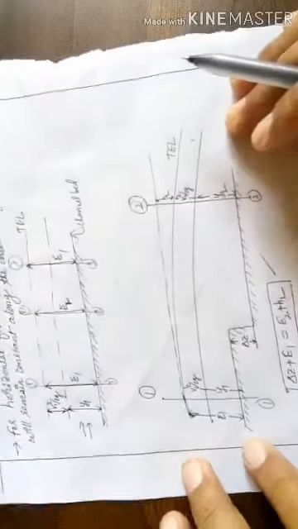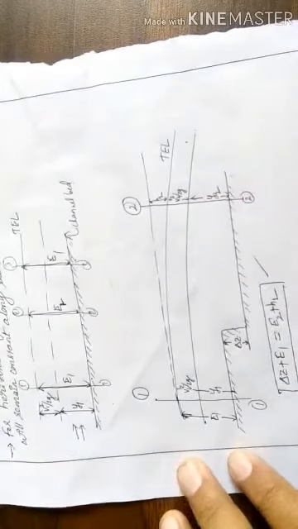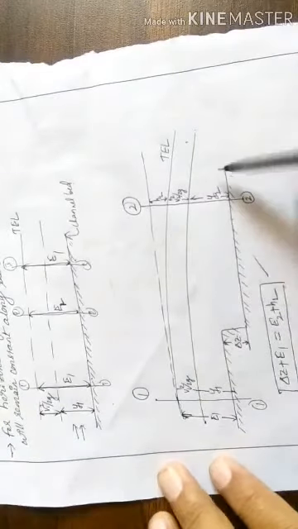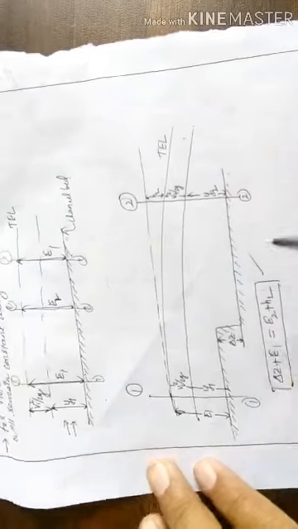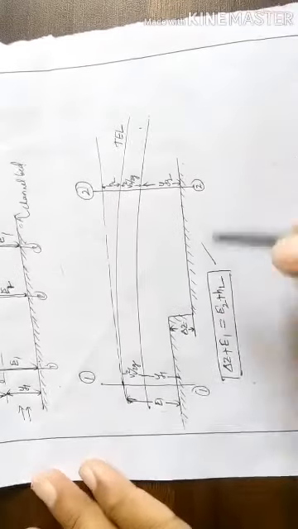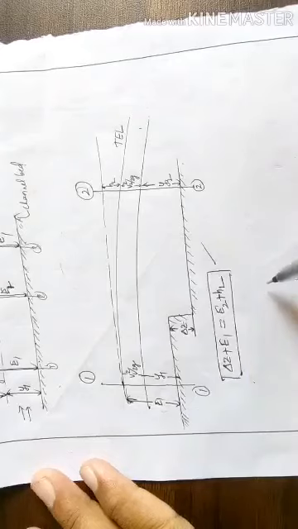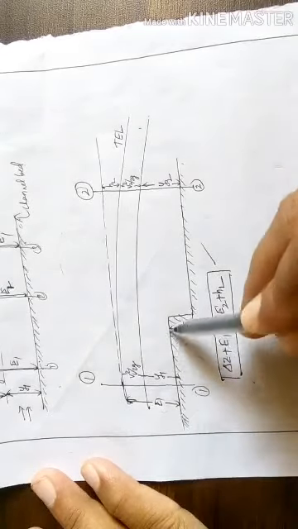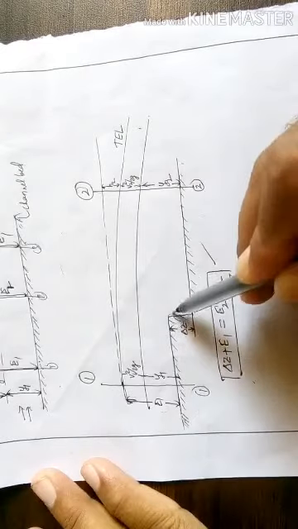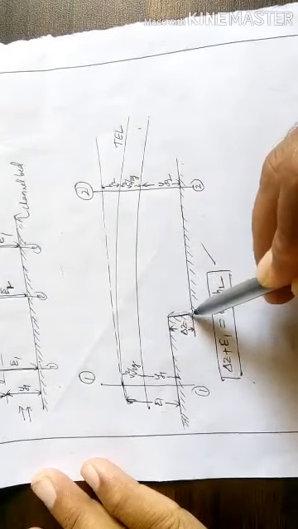And suppose you have a channel like this. You can try to understand the energy concept here. This is the channel bed, and suddenly you come across a drop here.